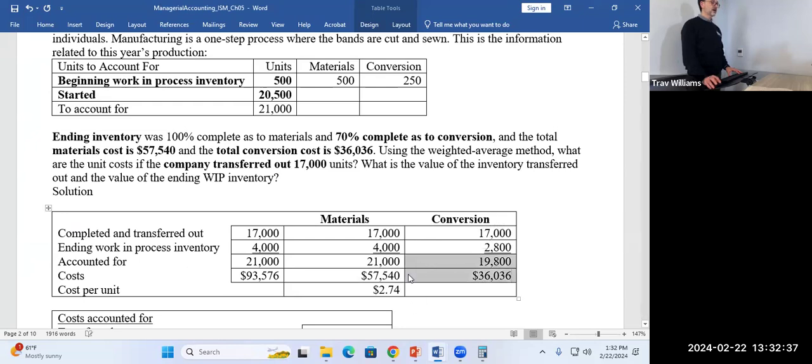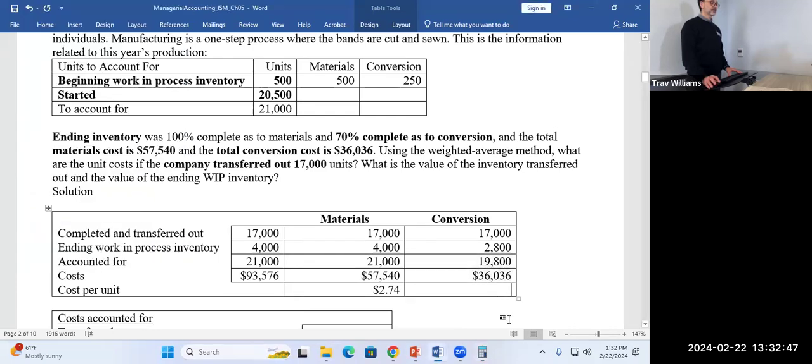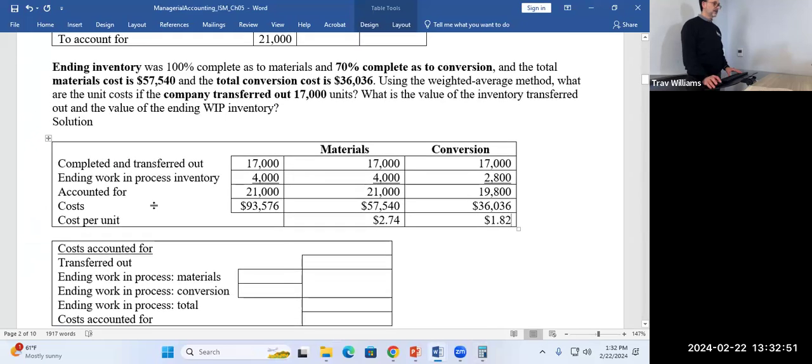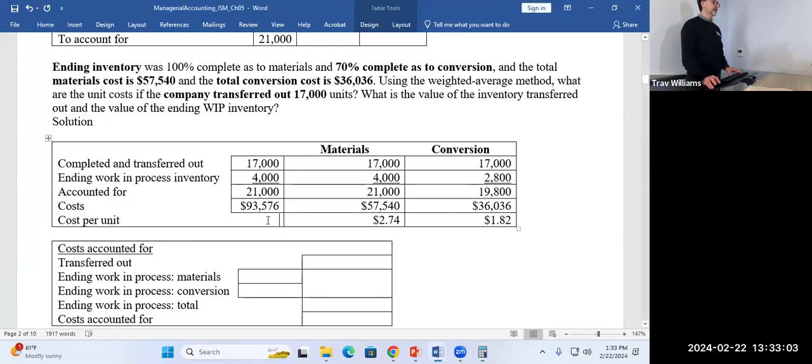We'll take the conversion cost divided by the equivalent units of conversion, and we get $1.82. Now, they didn't give us a place for it, but let's go ahead and add these together. And right here, I'm going to put the total cost per unit, because that might come in handy. So $4.56 is the total cost per unit.